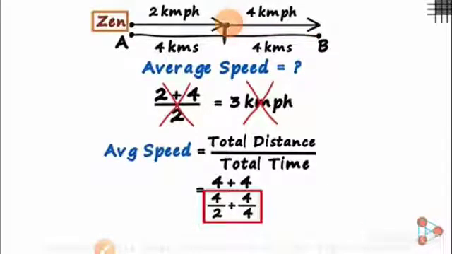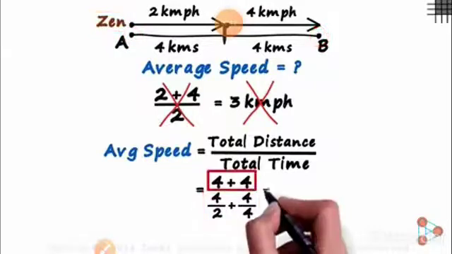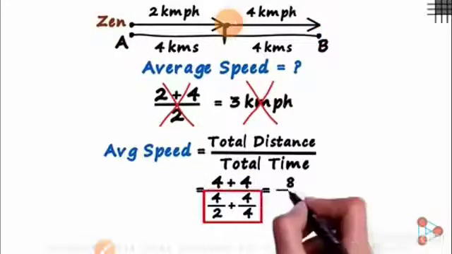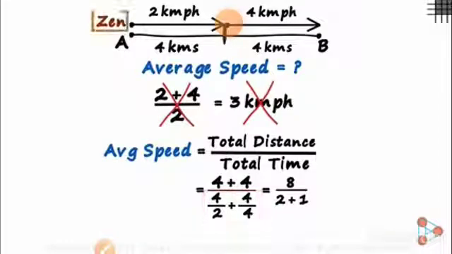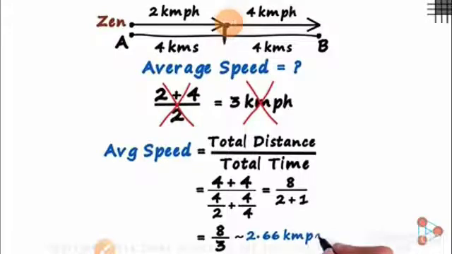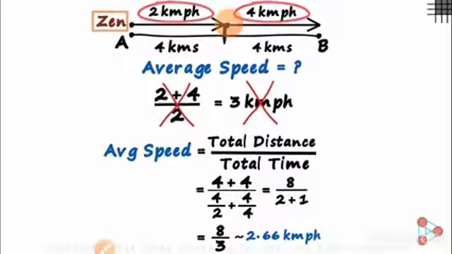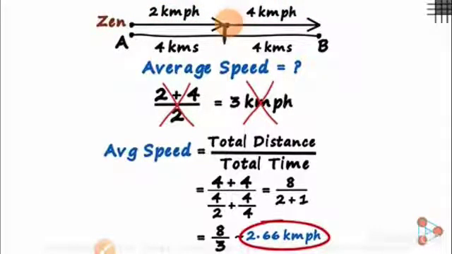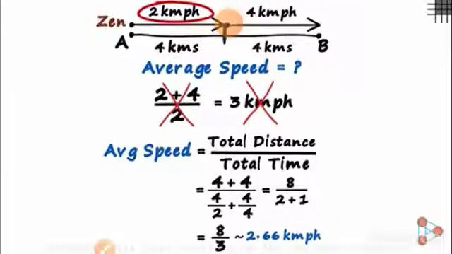We can solve: 4 plus 4 will be 8, but here 2 plus 1 is equal to 3. So 8 by 3, that will be 2.66 kilometers per hour. So in this way we can calculate the average speed. The average speed is 2.66 kilometers per hour.